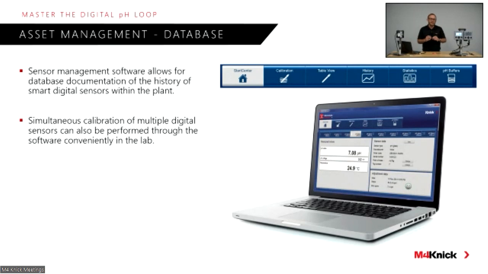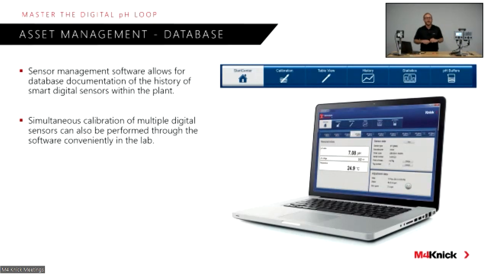If we look at these sensors, which obviously we have hundreds of installed within our plant, if we look at these sensors as true assets, now we can start to manage those assets, because the sensors have digital recognition and data specifically in the head of them. We can build a database of all of the sensors within our plant through tools like asset management software.